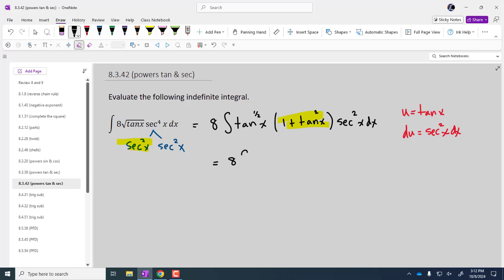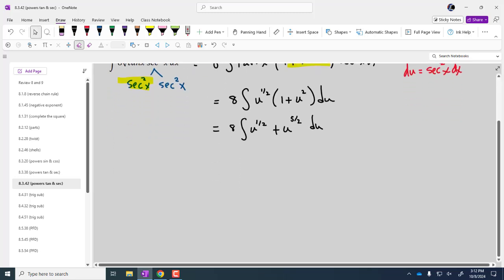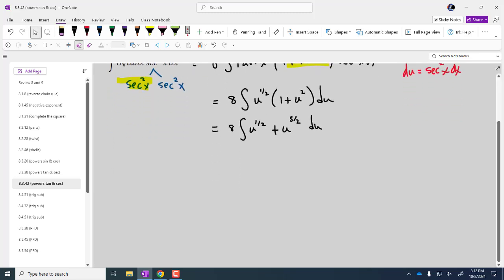And then we're going to have 8. This is going to be u to the 1/2 multiplied by 1 plus u squared all times du. And then we'll do a distribution. Distribute this across, so u to the 1/2 plus u to the 5/2 du. And then we can just add 1 to each exponent and divide by the new exponent, so we're using the power rule.